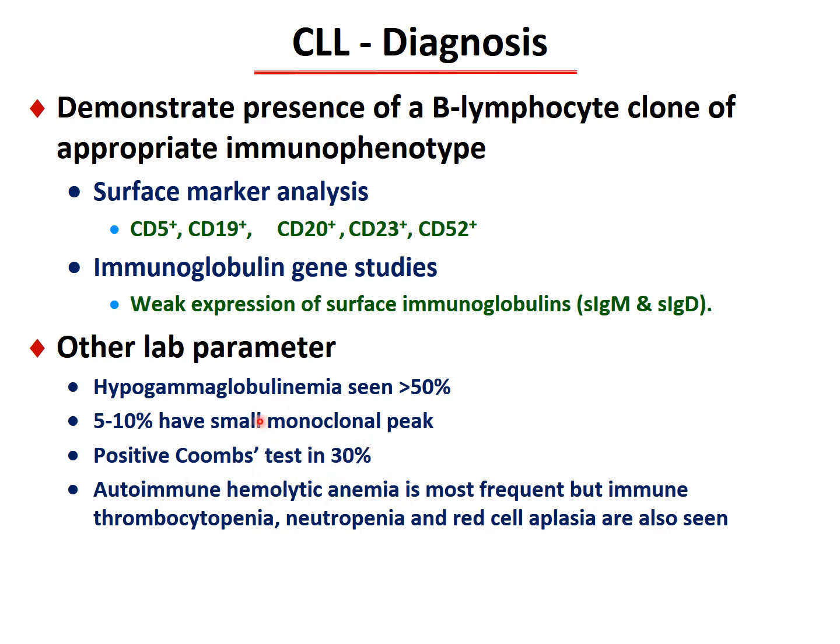Positive Coombs test is found in about 30% of the cases, and hypogammaglobulinemia is seen in about 50% of the patients. And they do have the monoclonal peak as well. So when we are going to talk about paraproteinemia, such as multiple myeloma, you have to exclude CLL, because CLL can have monoclonal gammopathy, can have a narrow M peak in the serum electrophoresis.